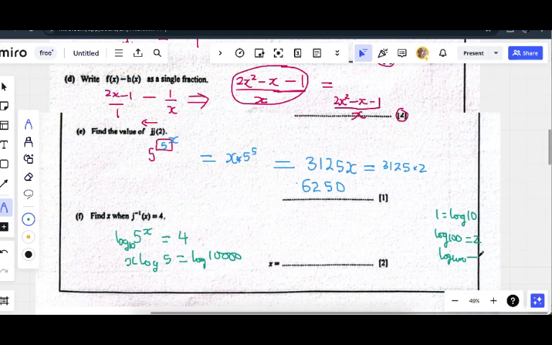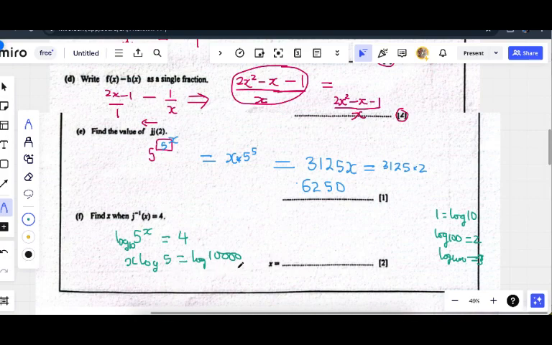So 4 is 10,000. Since they gave us 4, I'll write log 10,000. Okay? So we find x from here.